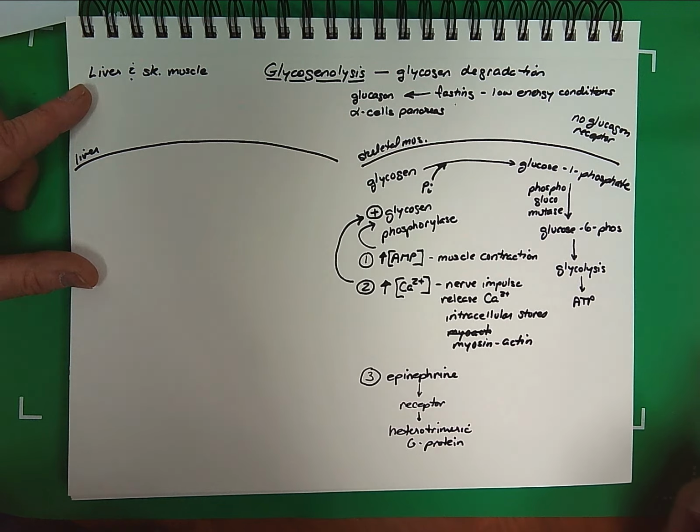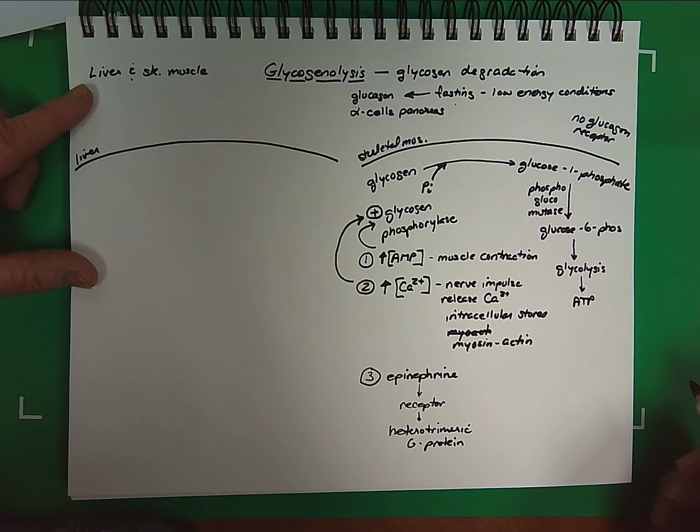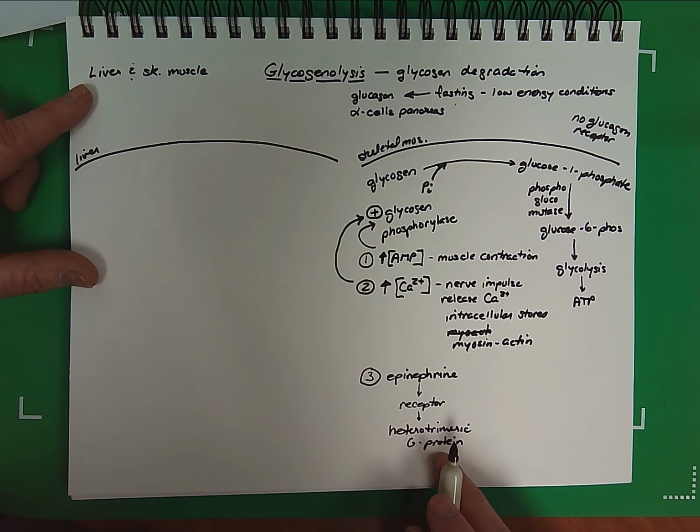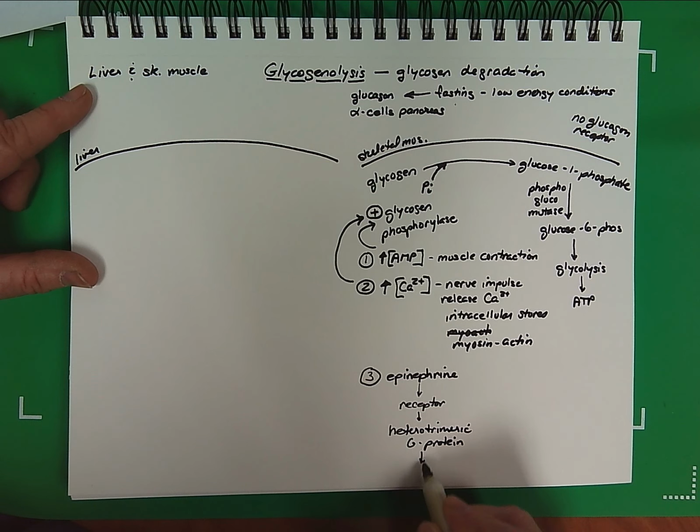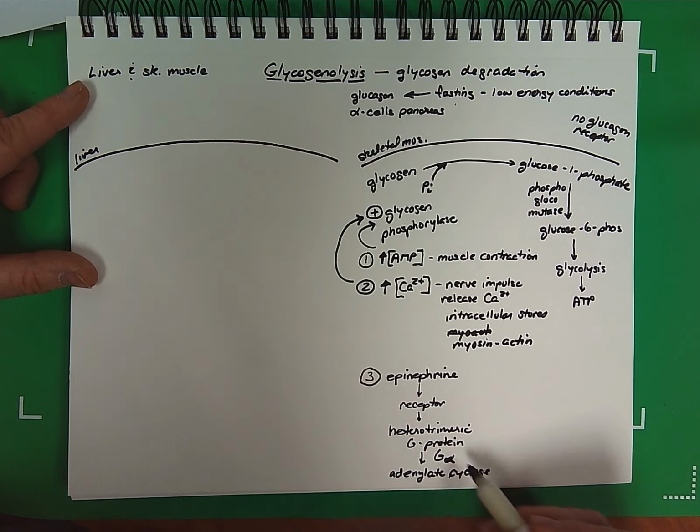Recall, this is the activation of G-alpha, dissociation from the beta and gamma subunits. That will activate adenylate cyclase. This would be the G-alpha activated subunit, activates adenylate cyclase.